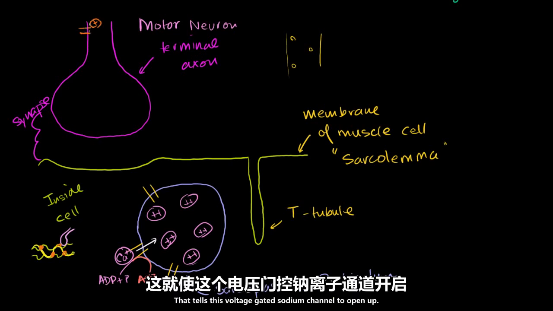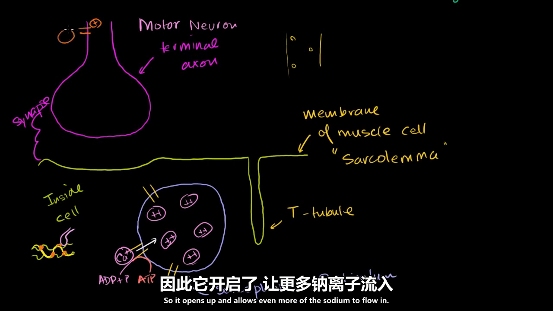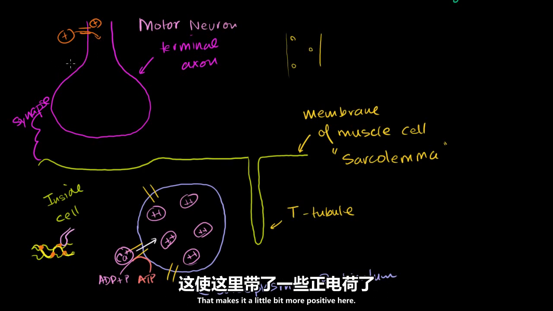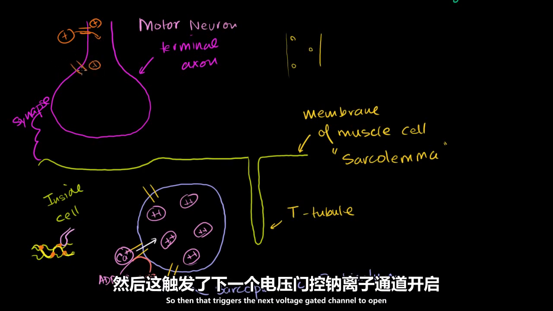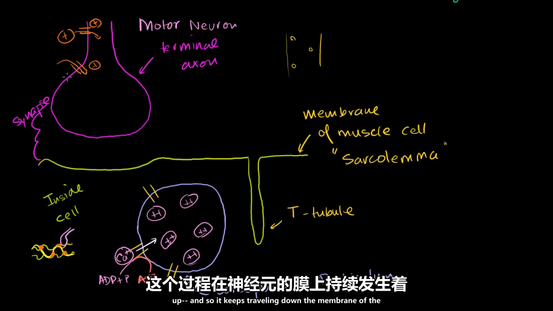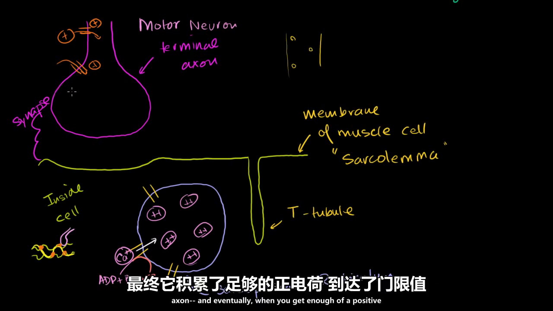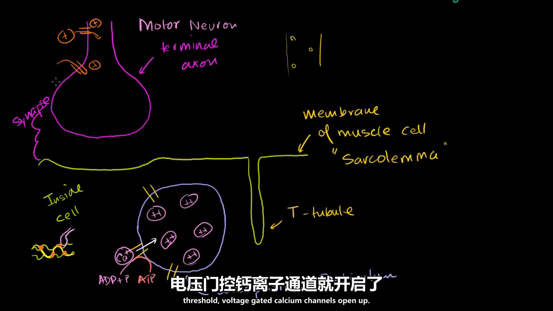That tells this voltage gated sodium channel to open up. It allows even more sodium to flow in. That makes it a little bit more positive here. So then that triggers the next voltage gated channel to open up, and it keeps traveling down the membrane of the axon. And eventually, when you get enough of a positive threshold, voltage gated calcium channels open up.